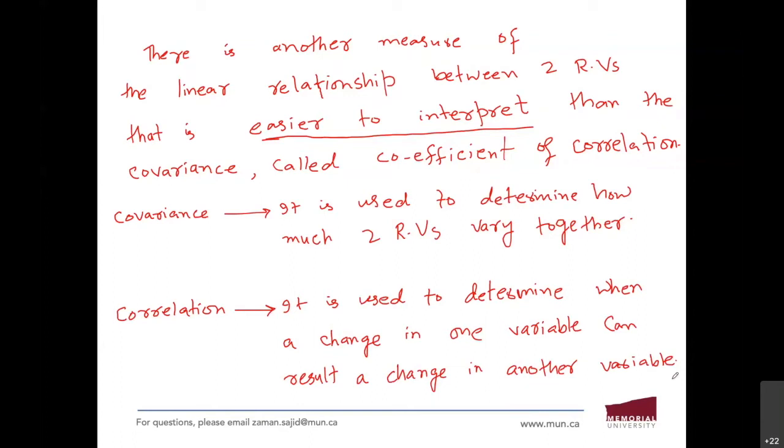So covariance is used to determine how much two random variables vary together, whereas correlation is used to determine when a change in one variable can result in a change in another variable. And both of them are used for linear relationships.